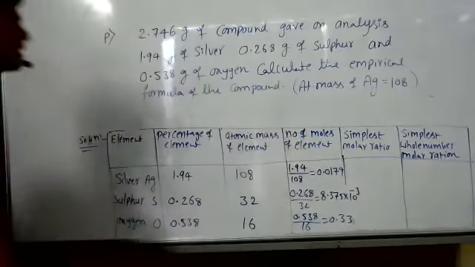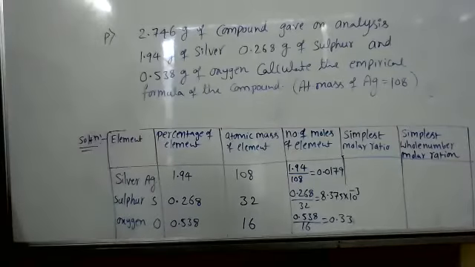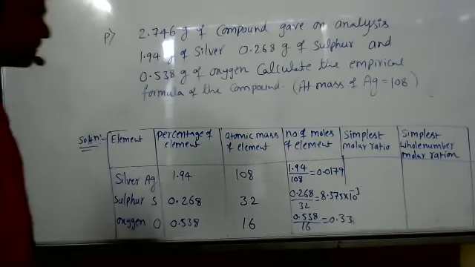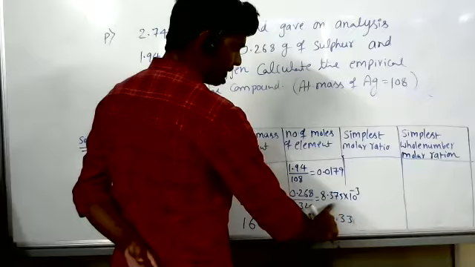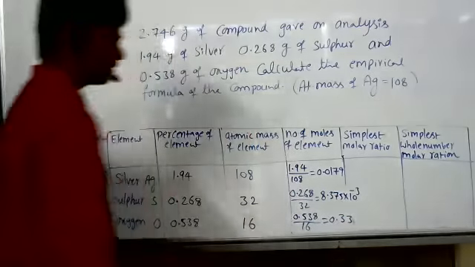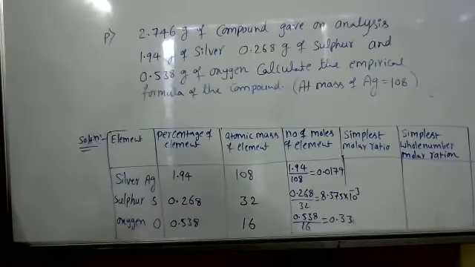Okay, next calculate the simplest molar ratio. Can we simply take the second one as 0.0084? Yes, you can take that. Also the last one is 0.033, not 0.33.